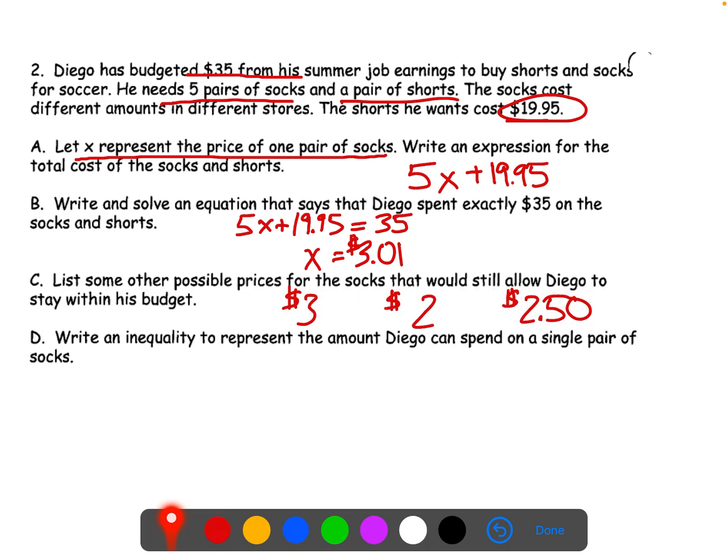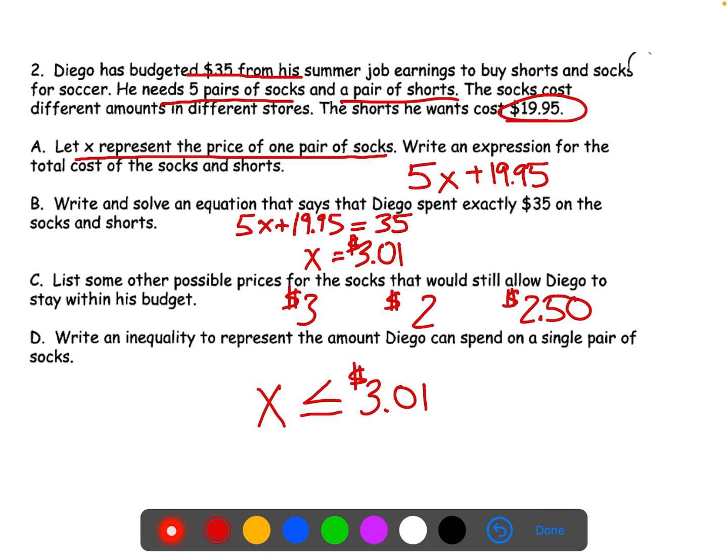Our equation helped us find that top price, the most expensive that he could spend on socks was $3.01. Anything less than that is going to be fine. So we want to say that the price of his socks has to be less than or equal to the top price he can pay on socks, $3.01.